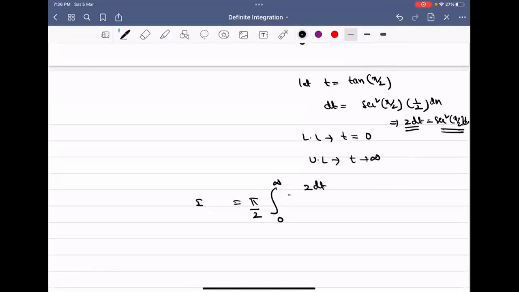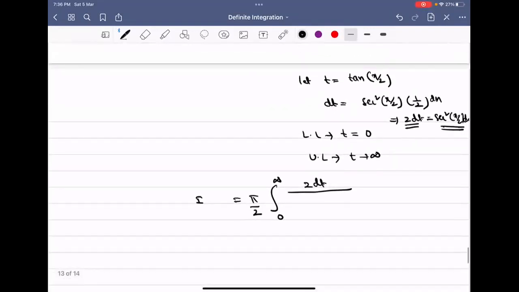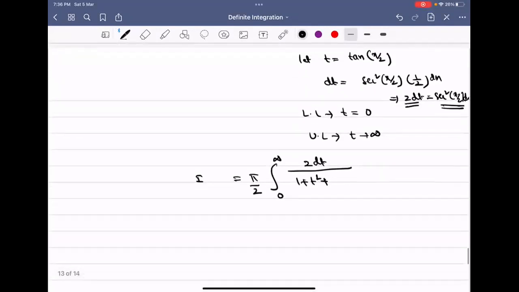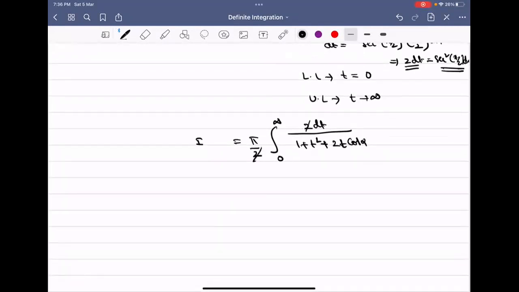Therefore 2 dt over 1 plus t square plus 2t cos alpha, with t replacing tan x by 2. So this 2 will cancel. Therefore I is equal to pi times integration from 0 to infinity dt over t square plus 1 plus 2t cos alpha.